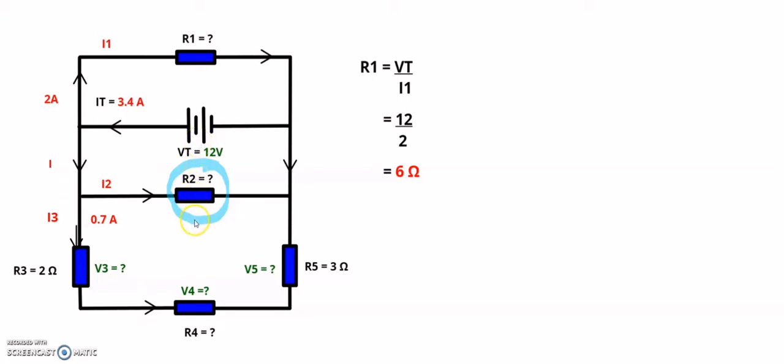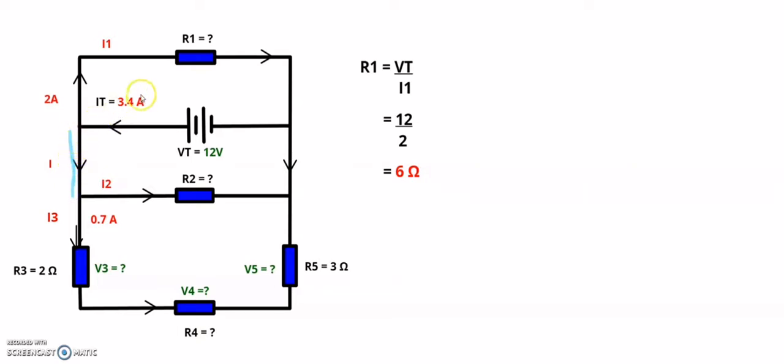But the next thing that we need to calculate the resistance is a current flowing through that branch. So we need to find out what that current is before we can calculate the resistance of that specific resistor, and to find that, we need to find out what is the current flowing here.